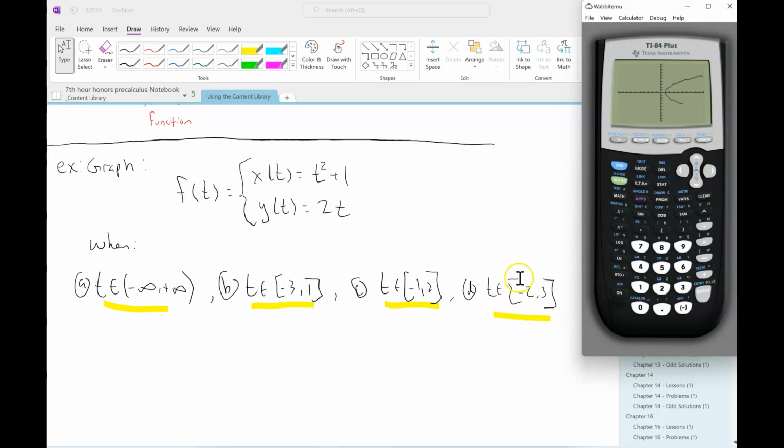For example, you're plugging in -2 for t, so the first one you get the point (5, -4). That's this one. And if I plugged in the other endpoint, you get (10, 6). That's this one up here.